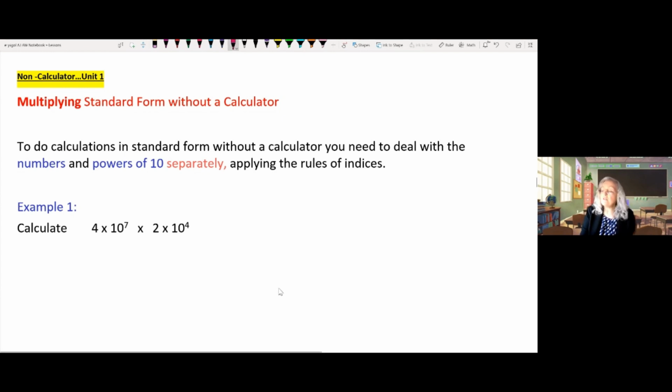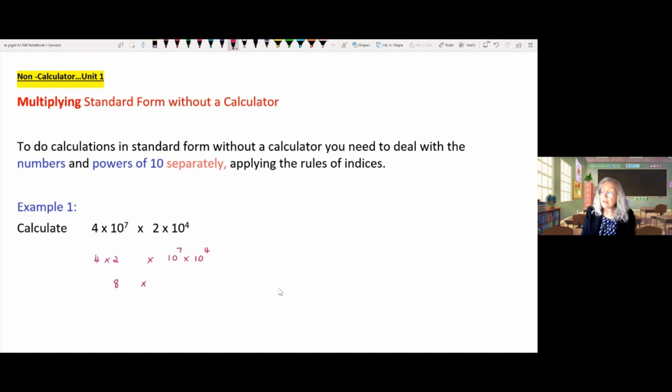And I'm just going to rewrite these into a different order because I think that's easier to see what's going on. With multiplying, you can write it in a different order because 2 times 3 is the same as 3 times 2. I'm going to change this into 4 multiplied by 2 multiplied by 10 to the power of 7 multiplied by 10 to the power of 4. 4 multiplied by 2 is 8.